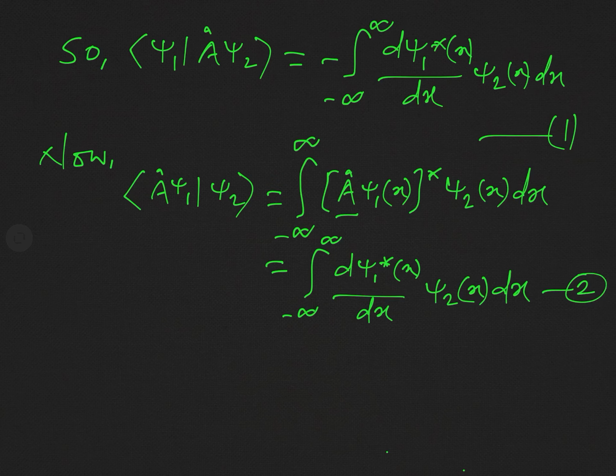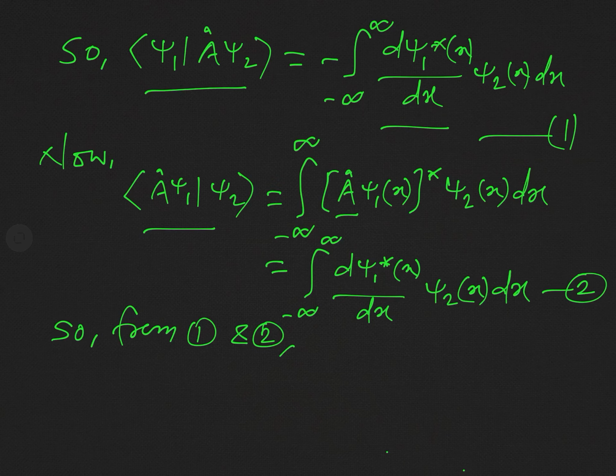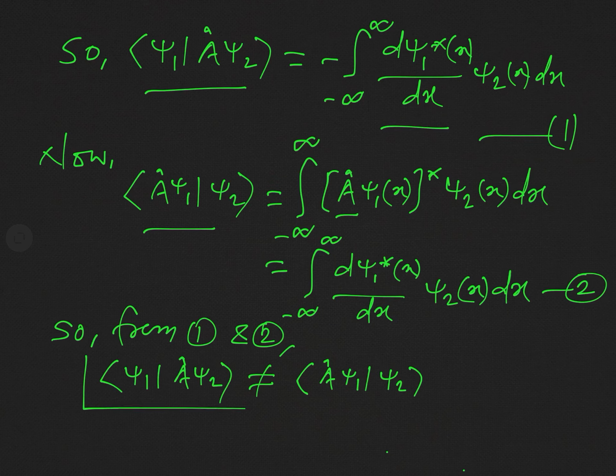So what you see from equation 1 and 2, this quantity is minus this much, but this quantity is plus this much. So from 1 and 2 we see that bracket psi 1 a hat psi 2 is not equal to bracket a hat psi 1 psi 2.